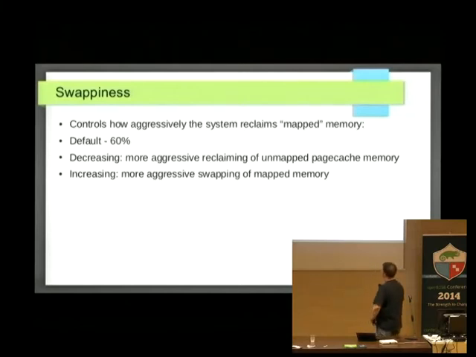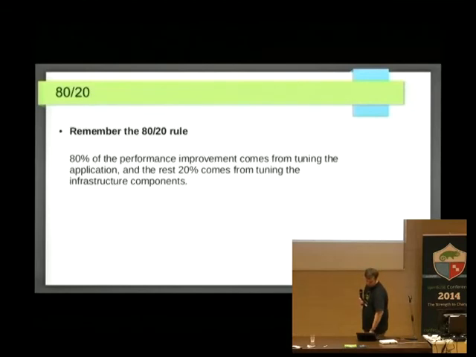Increasing this number means more aggressive swapping of mapped memory. Which is the best? You must try it. You must try and benchmark. It depends on what kind of server, which hardware-specific server, for what purposes you are using your server, and so on. When we are talking about optimizing, we must always remember the 80-20 rule.